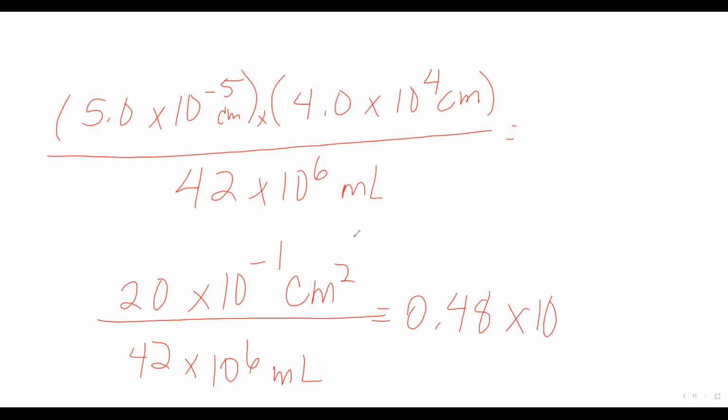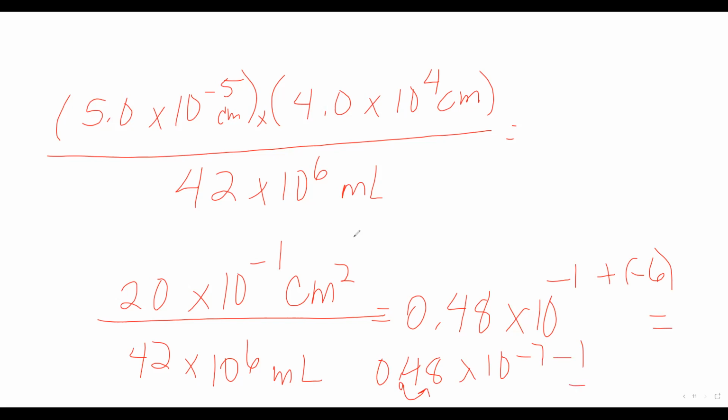Okay, so it's negative 1, and the bottom's 6. So the reciprocal, remember, is negative 6. So when you do the math, it's going to be 0.48 times 10 to the negative 7. But we're still not good because we need to increase this one, which means we decrease this one.